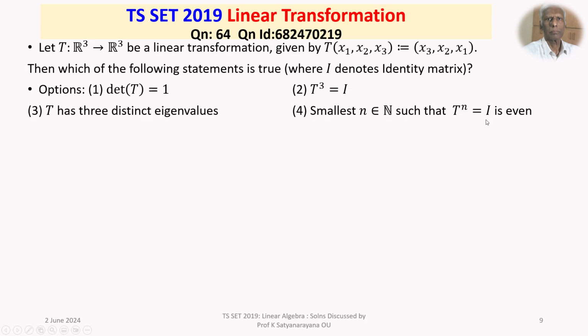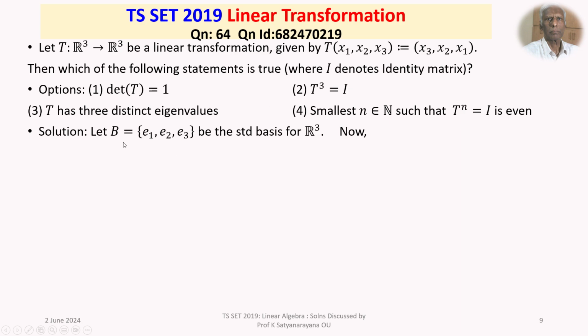Right. So for all these things, what is required is the matrix corresponding to T. That means you should know the matrix representation of T. Solution. To write down the matrix of a given linear transformation, you need a basis. That means you will write down the matrix corresponding to the given basis.